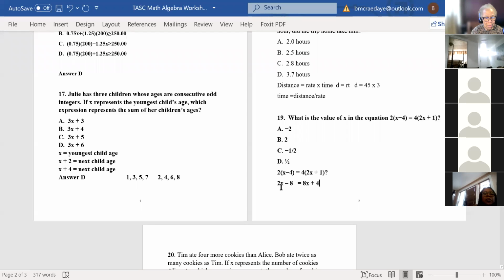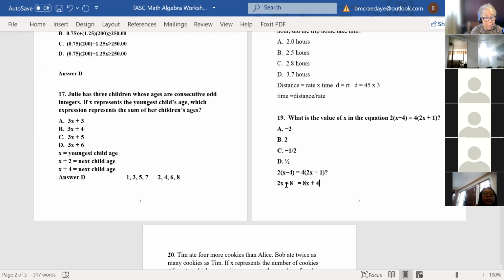No. You're going to combine these just like we've been doing with what we just finished with the inequalities. For instance, Vanessa, you have a minus 8 right here. You could add 8 to both sides, and the minus 8 plus 8 will be 0. And the 8 and 4 will give you 12.